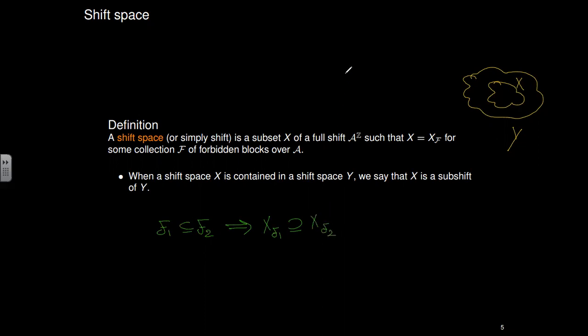Let's suppose, for example, F1 is 11 and F2 is 1 and 11. It is trivial that F1 is a subset of F2, and we consider X_F1 equal to Y, and X_F2 as X. So you can see that X is a subshift of Y. It's a simple example.